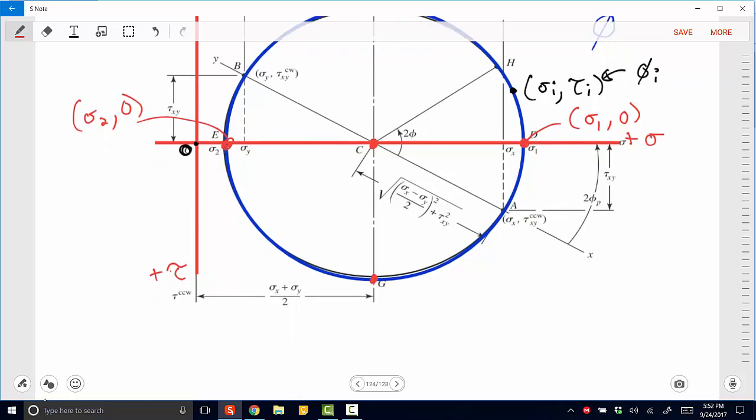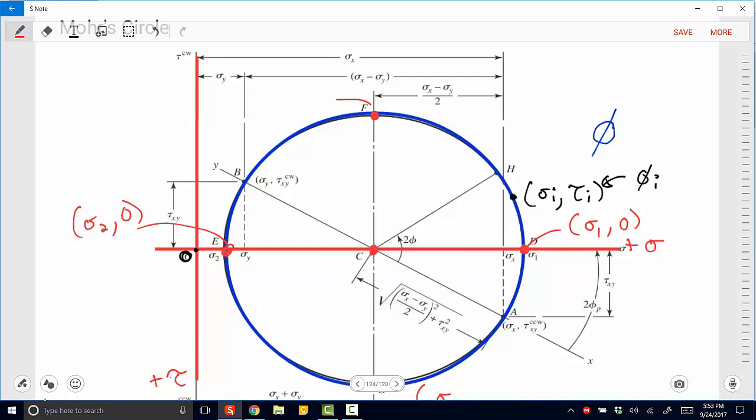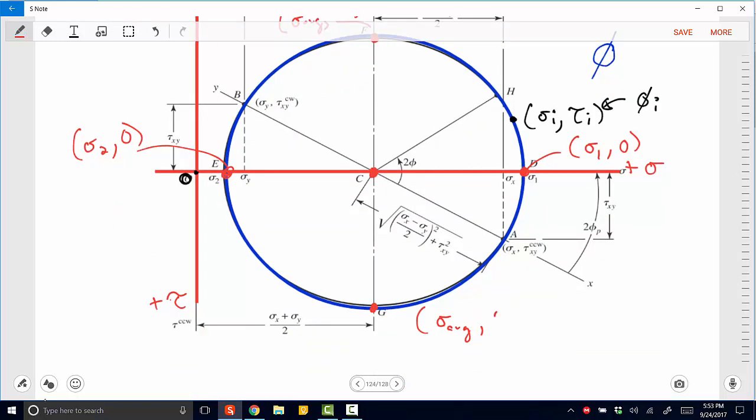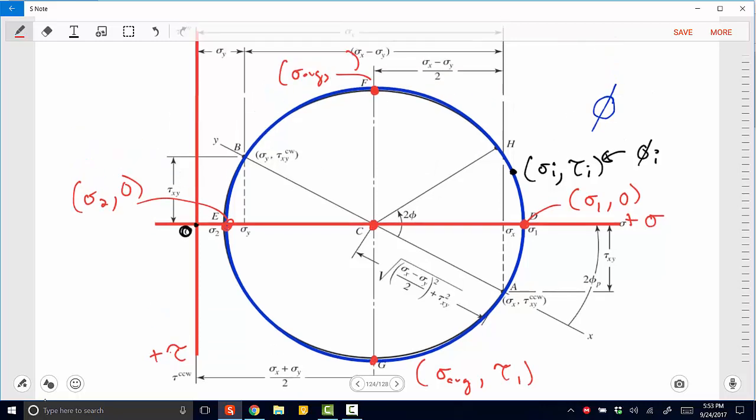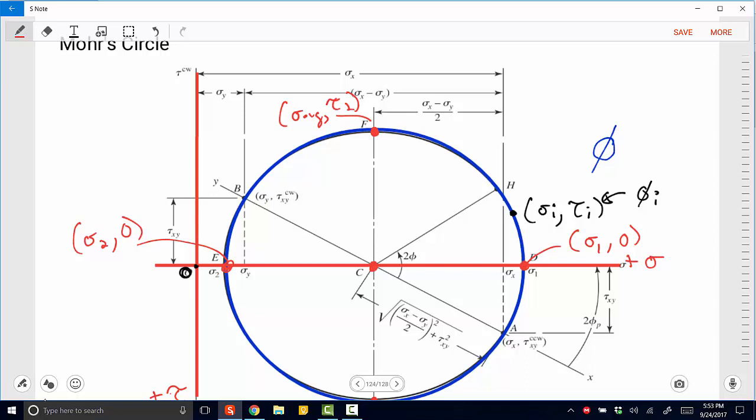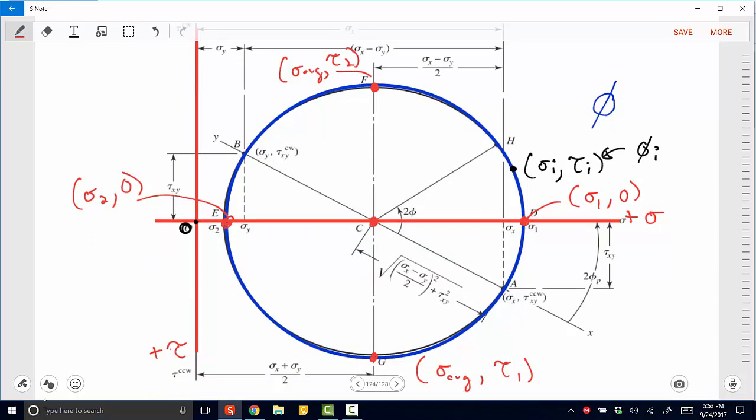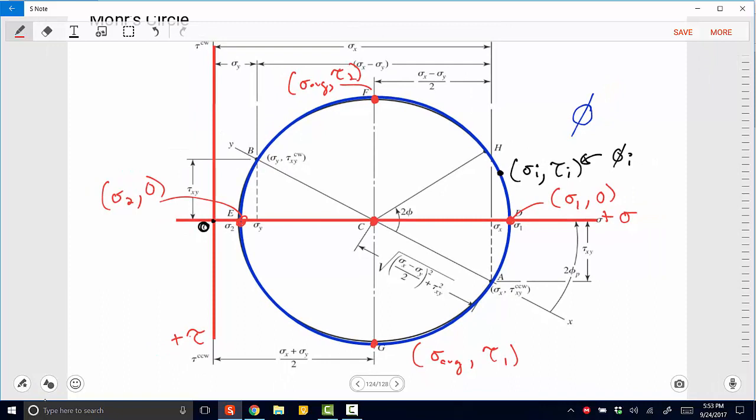Then we can define that we have our average stress at this point, and then we have a tau 1 and a tau 2, which represent the different values of shear stress between our 2 points, right? So tau 1 and tau 2, right? So now we've actually found several points of interest on this Mohr circle.